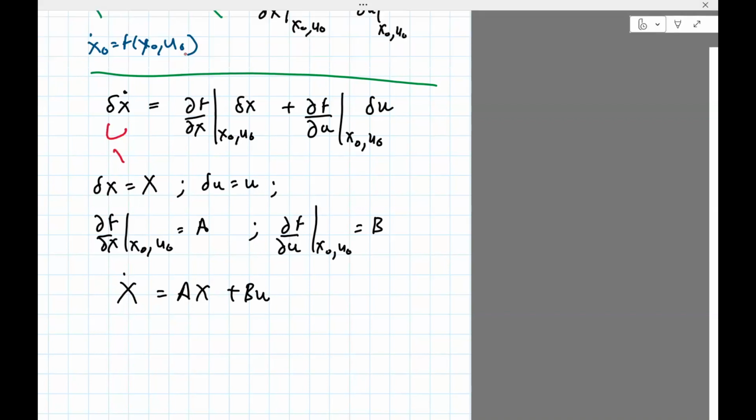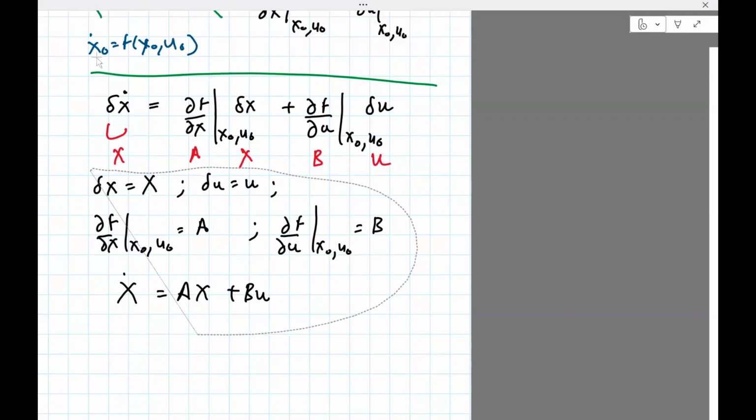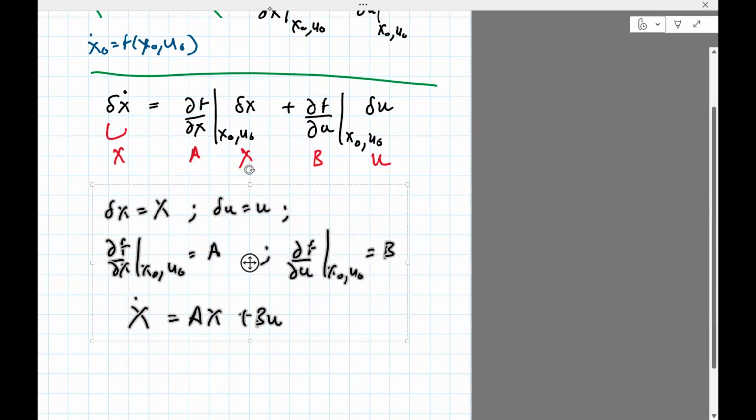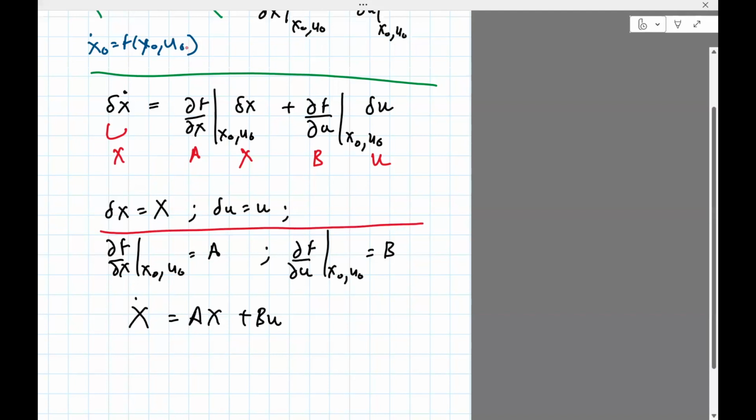So this is x, this is A, this is B, this is capital X, this is u. Okay, so remember, to make it linear, all you have to do is just this. This is the linearization that we were after.